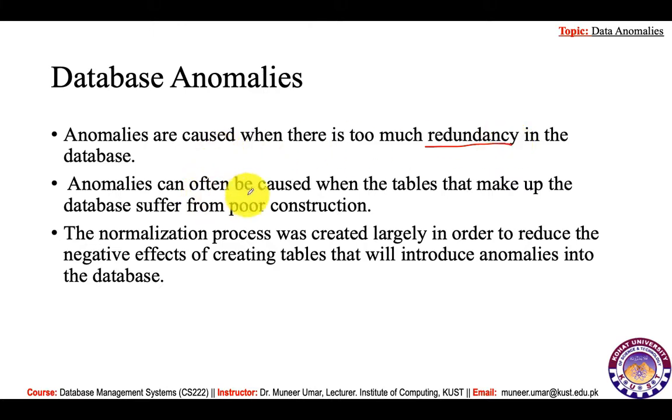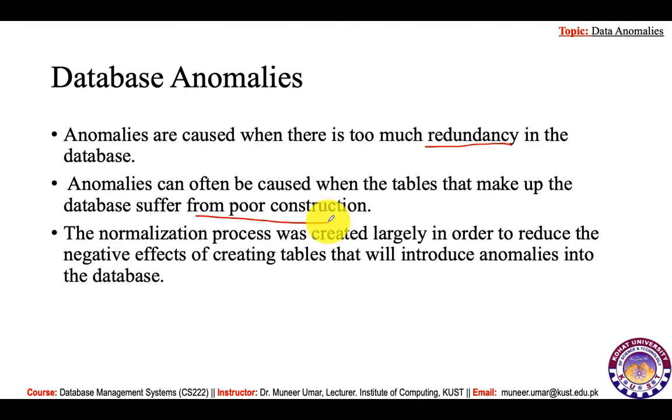Anomalies can often be caused when the tables that make up the database suffer from poor construction. As I told you, redundancy is caused by poor database design. If the tables in a database are constructed in a poor way, not properly designed, and there is redundancy in the database tables, then we may face anomalies.